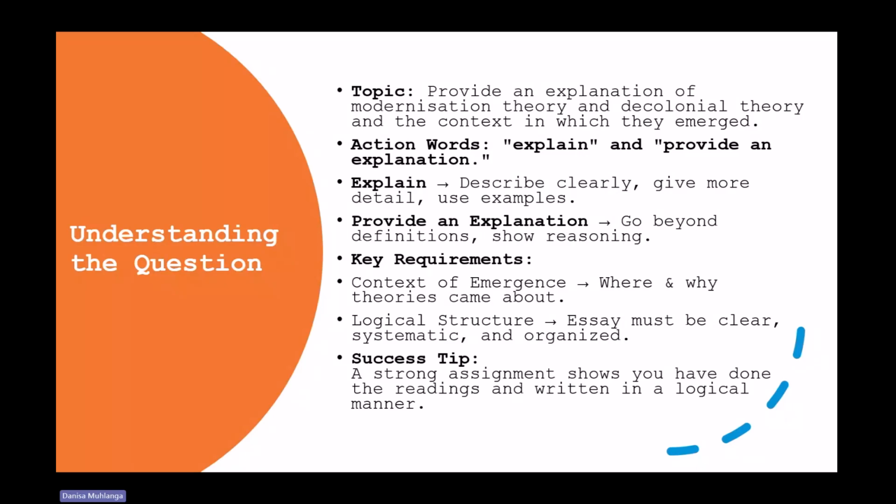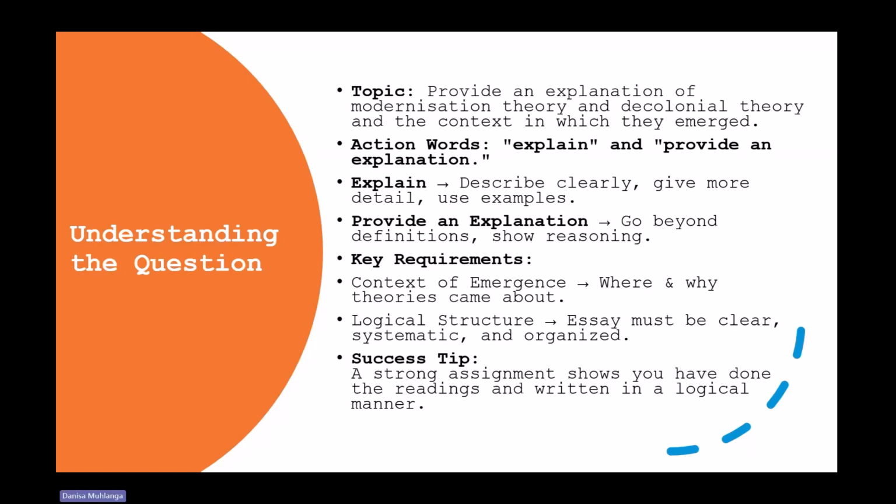So you need to be able to show that, oh, I know how to connect from 1 to 2. I don't just start a new sentence that just comes out of nowhere. So it needs to be presented in a logical manner. Okay?